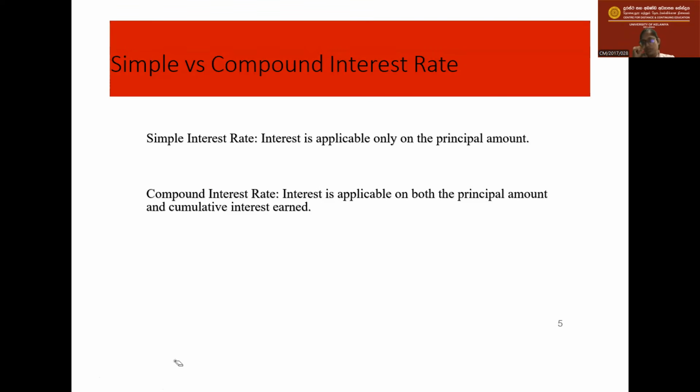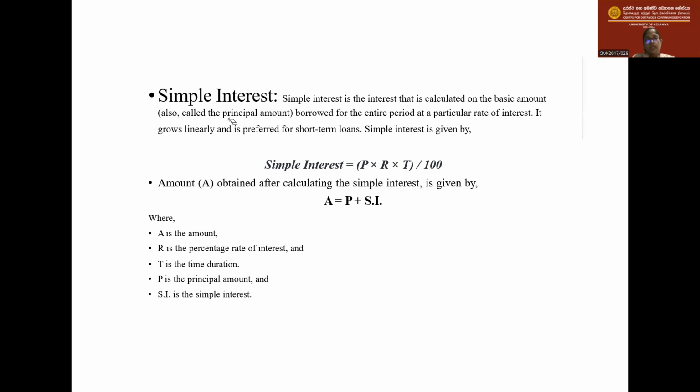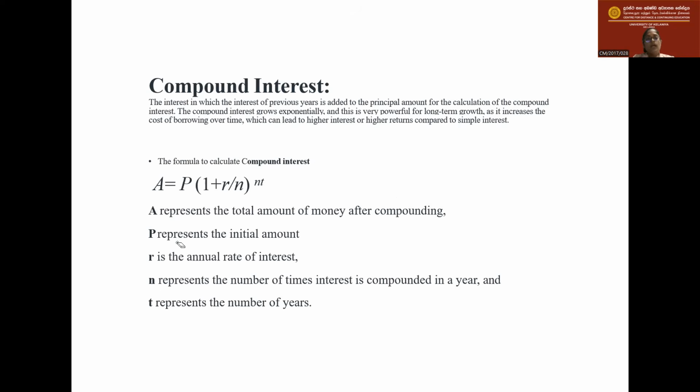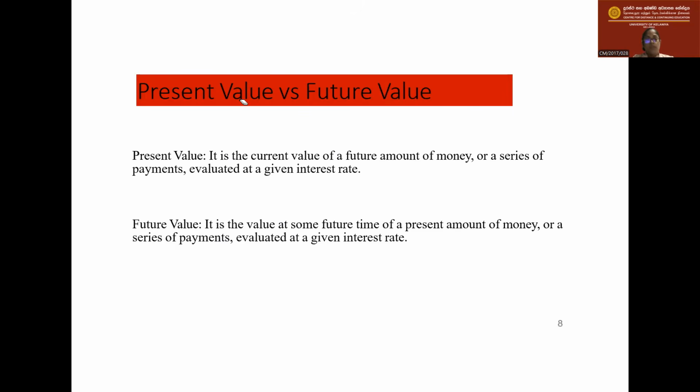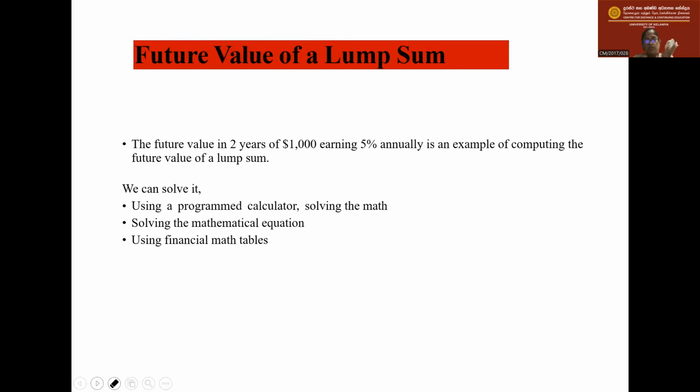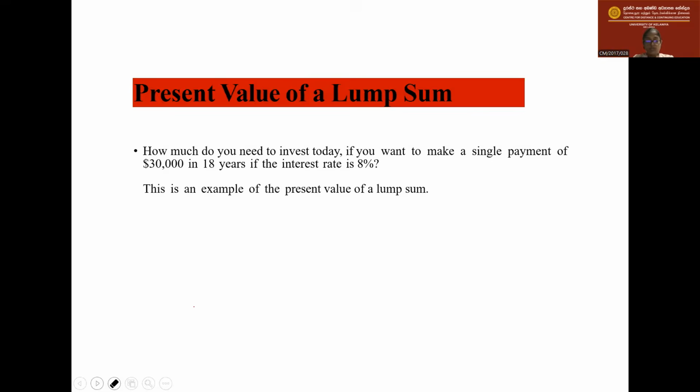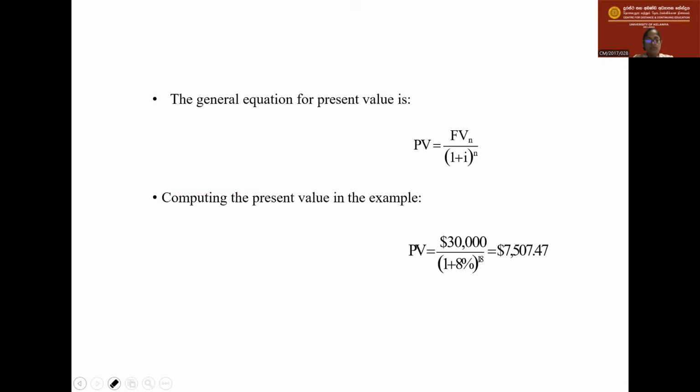Simple interest is applicable only on the principal amount, but in the compound case, interest is applicable on both the principal amount and the cumulative interest earned, right? We did the relevant example as well, and we know the simple interest formula and the compound interest formula now. And then we recently discussed the present value and the future value with equations, right?